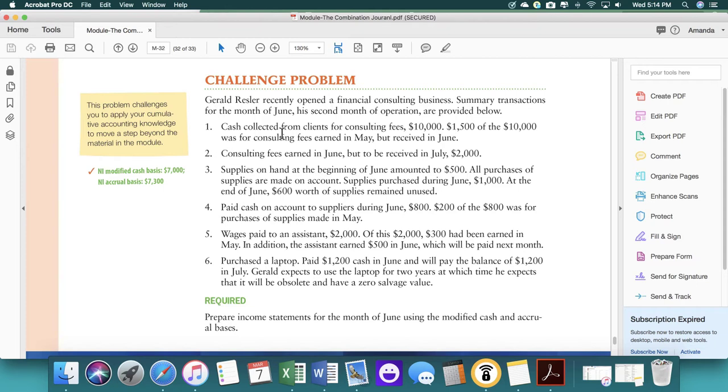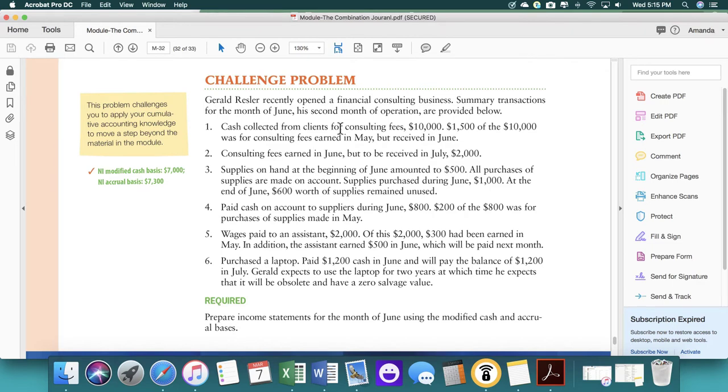So cash collected from clients from consulting fees is $10,000. $1,500 of the $10,000 was for consulting fees earned in May but received in June. And then consulting fees earned in June but to be received in July.